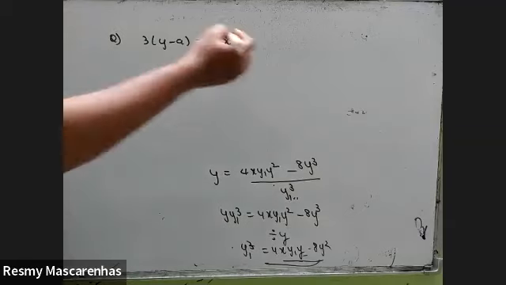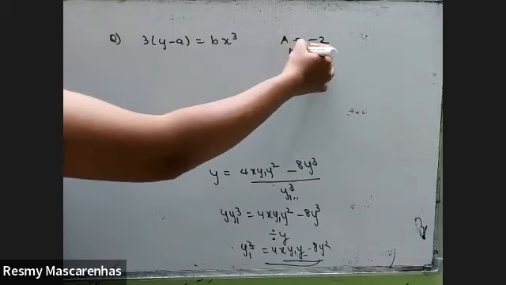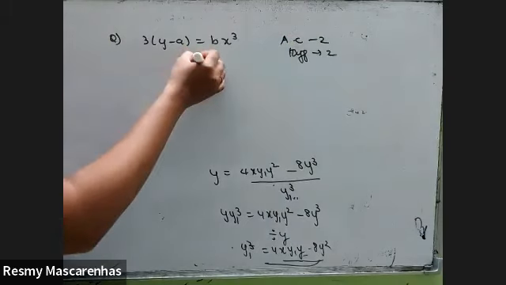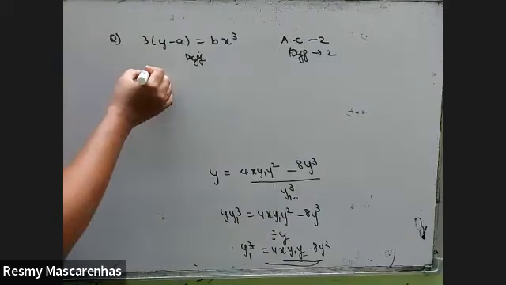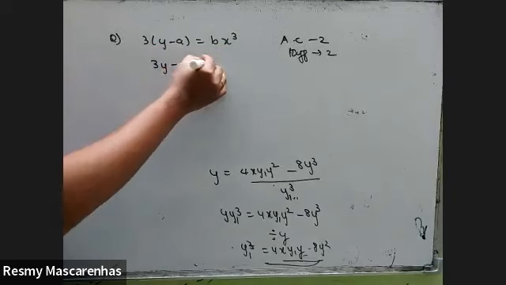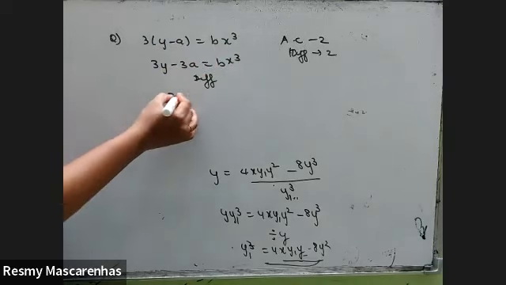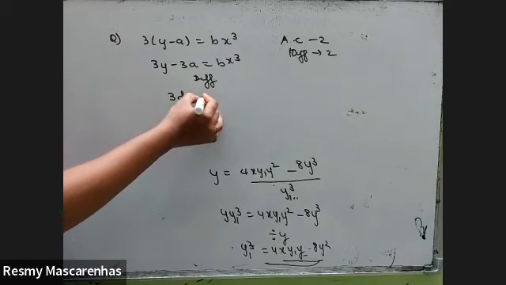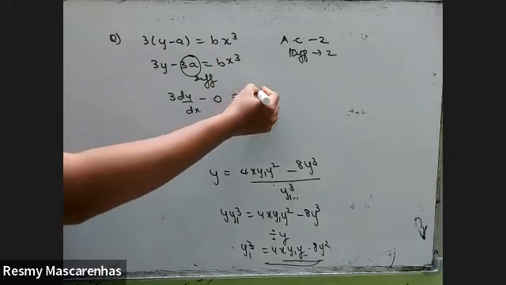There are two arbitrary constants, so you can differentiate it two times. First time when I differentiate, before differentiating I just open up the bracket. Now differentiate dy by dx. This is a constant, it will anyway become 0.